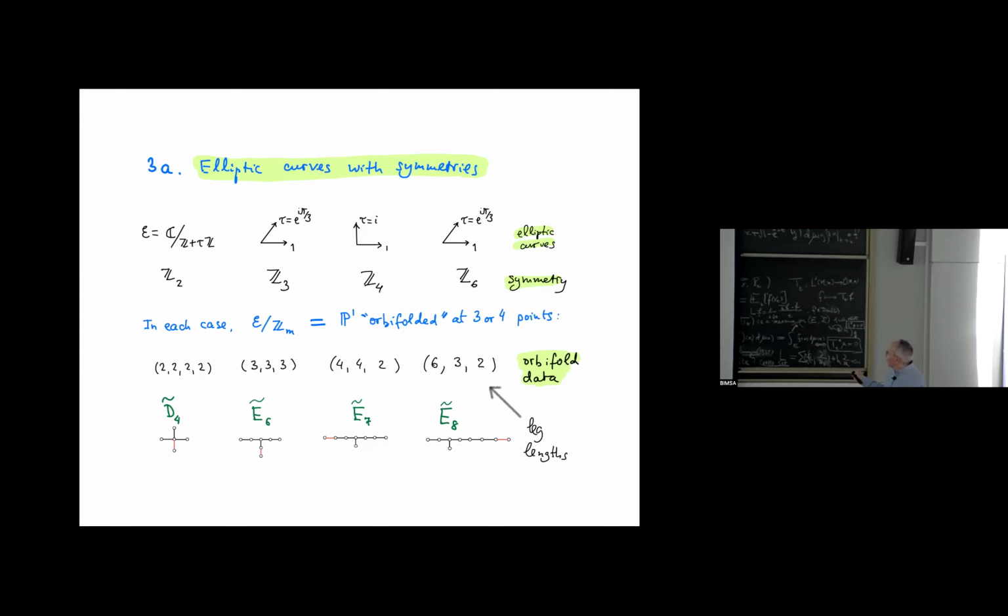And now if you think about affine Dynkin diagrams like this, all of these have a central node, and then you can start counting how many nodes on each leg you have, including the central node. In this case, you have the central node, so two nodes on each leg.